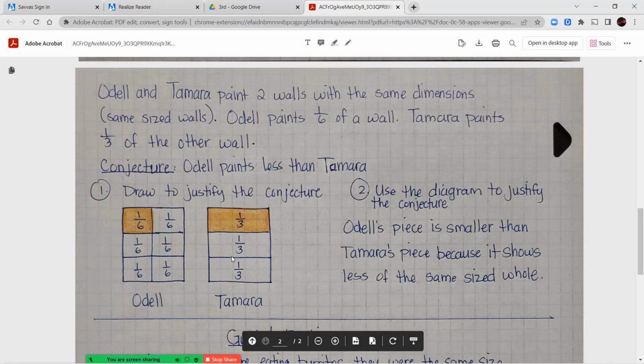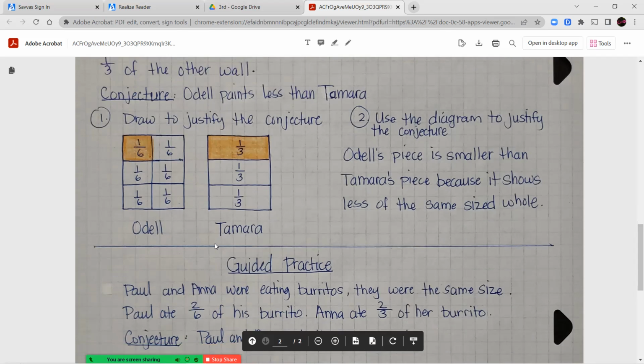So I broke hers into thirds, 3 equal parts, and colored in 1/3. I'm going to use the diagram to justify or prove my conjecture. Here I can see Odell's piece is smaller than Tamara's piece because it shows less of the same size whole. Her painted part is much less than Tamara's painted part.